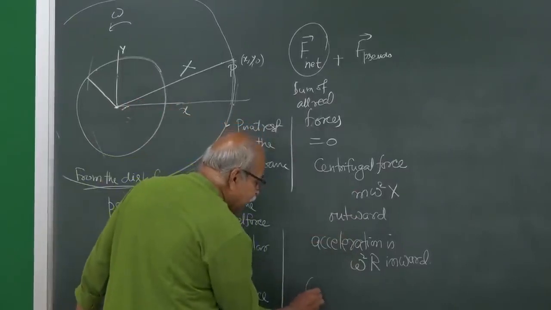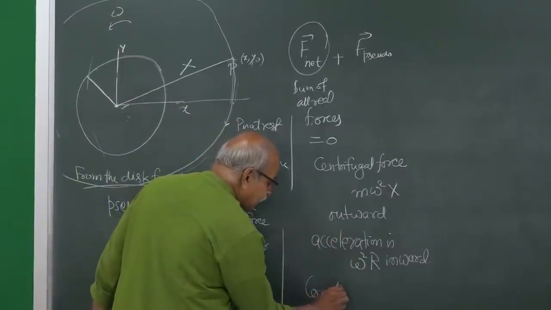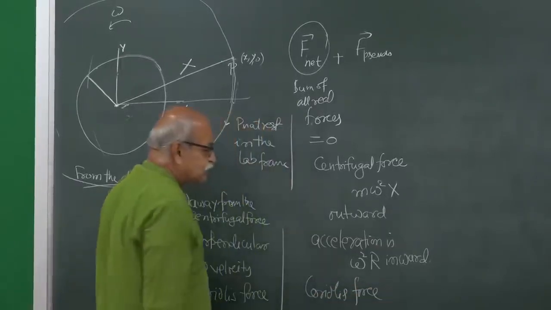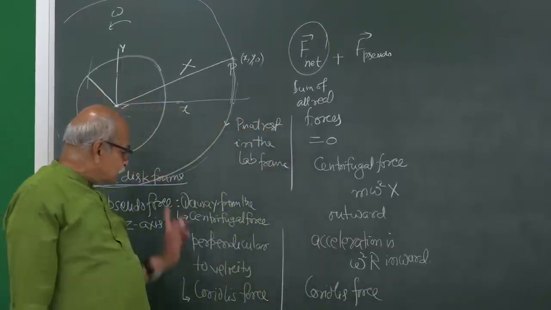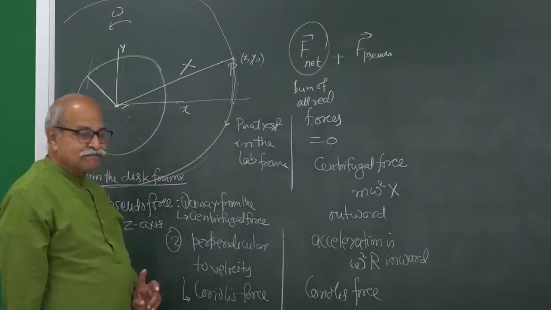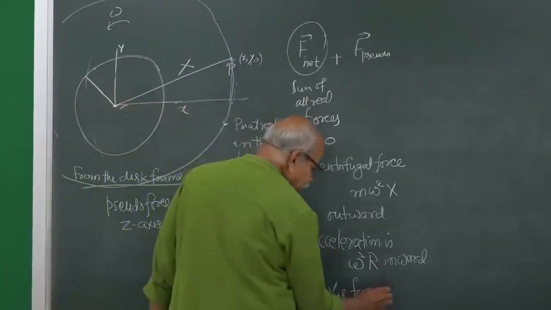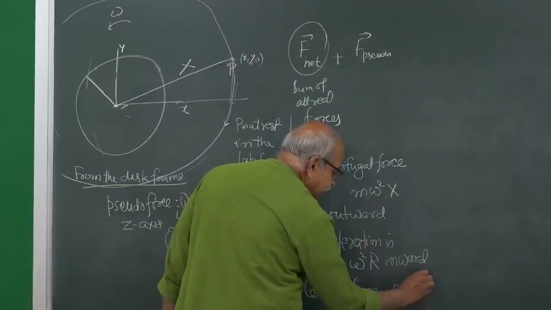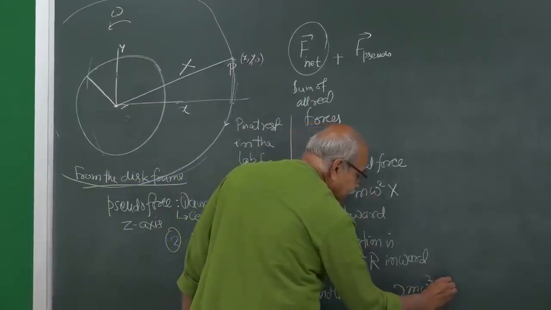So, I must have Coriolis force, I must have another pseudo force, and this depends on the velocity, and that should be equal to 2 times m omega square x, and that should be inward.